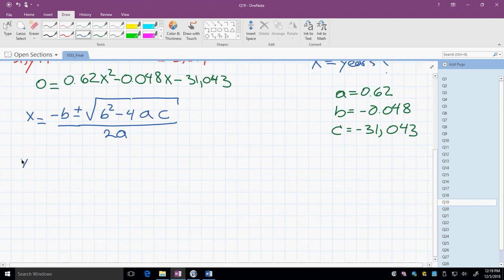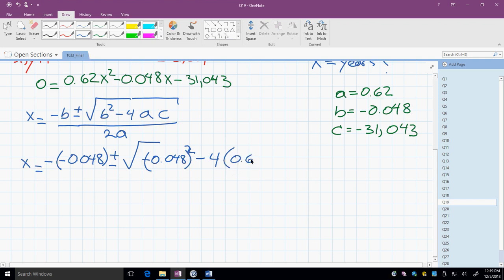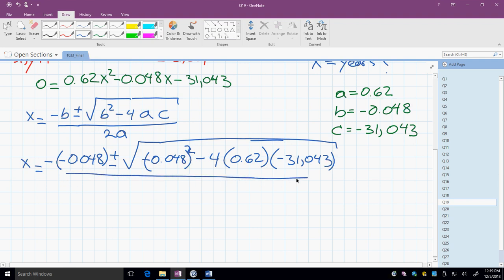So we have negative b, which is 0.048, plus or minus the square root of negative 0.048 squared minus 4 times a times c, over 2 times a.